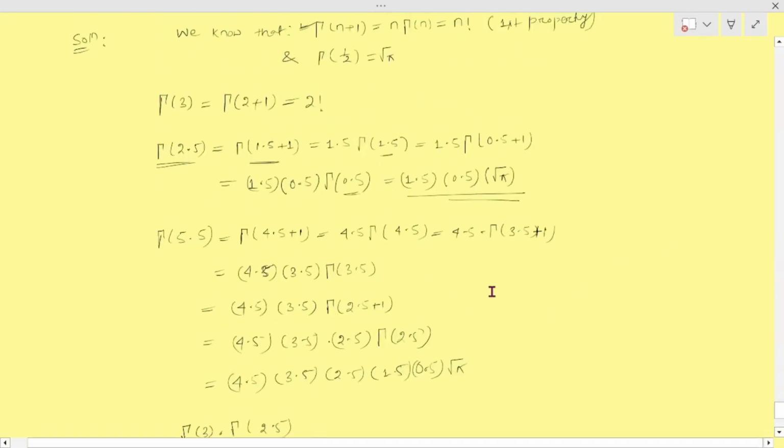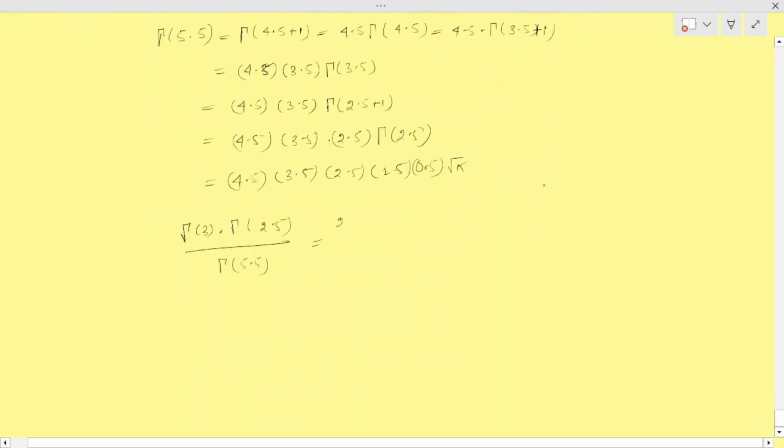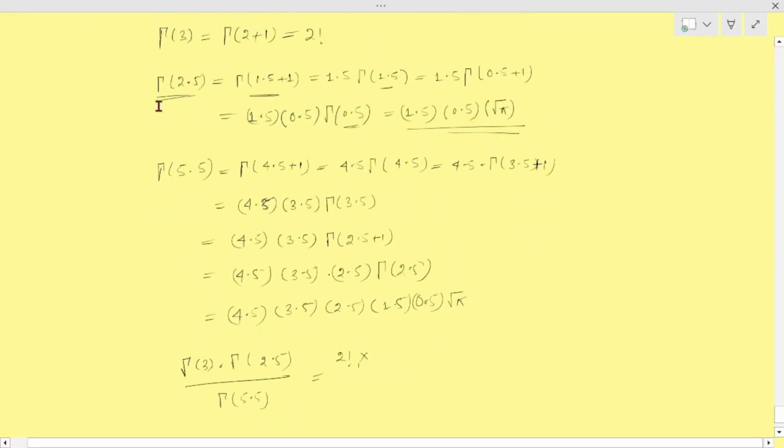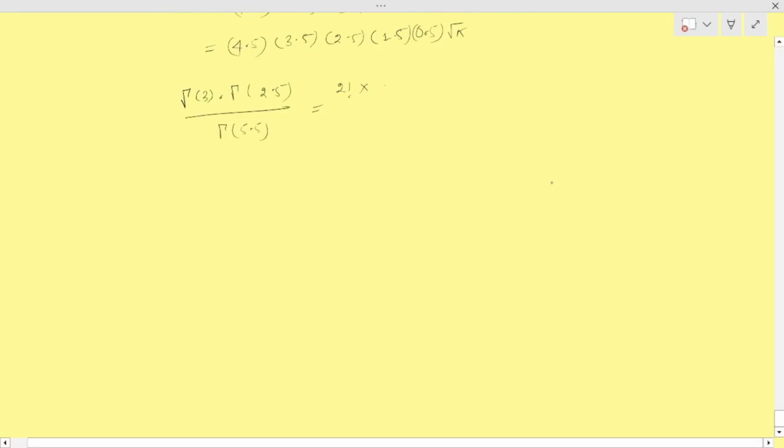Gamma 3 we found is 2 factorial, into gamma 2.5 which is 1.5 into 0.5 into root pi, whole divided by gamma 5.5 which is 4.5 into 3.5 into 2.5 into 1.5 into 0.5 into root pi. Here 1.5, 0.5 and root pi get cancelled. Finally we get 2 factorial, which is 2, over 4.5 into 3.5 into 2.5.